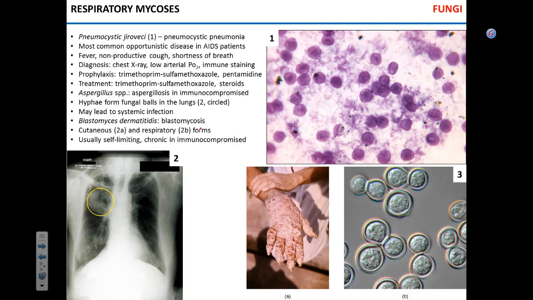Now, here I want to focus on some respiratory infections caused by fungi. The first one, Pneumocystis jirovecii. Those cells cause the hallmark infection of AIDS patients. So if Cryptococcus neoformans causes the hallmark cryptococcal meningitis, Pneumocystis jirovecii causes fungal pneumonia, also known as PCP, Pneumocystis carinii pneumonia.